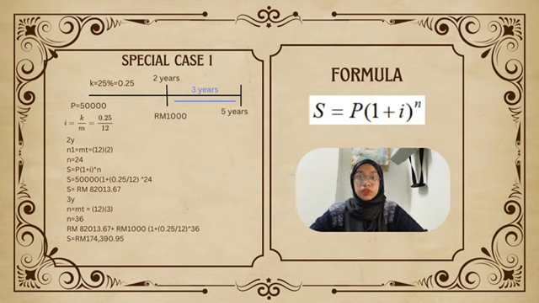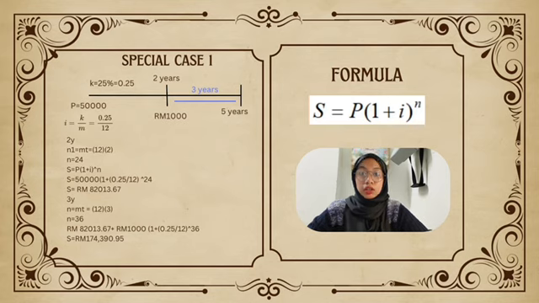To calculate the remaining 3 years, the values we will use would be P equals 82,030 ringgit 67 cents, K equals 0.25, T equals 3 years, i equals 0.25 per 12, n, which is M multiplied by T, equals 12 multiplied by 3, which is 36.